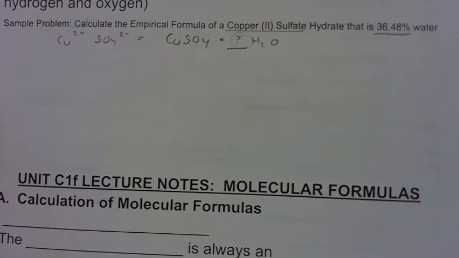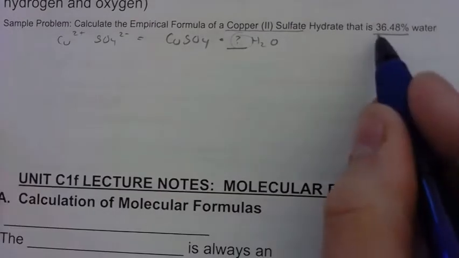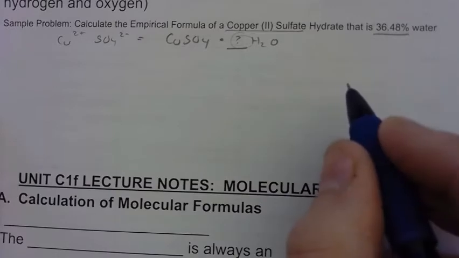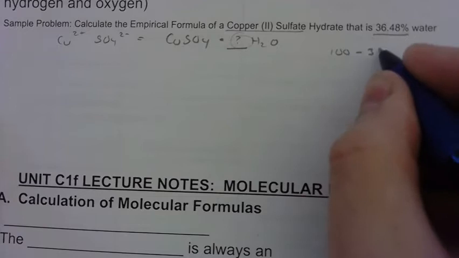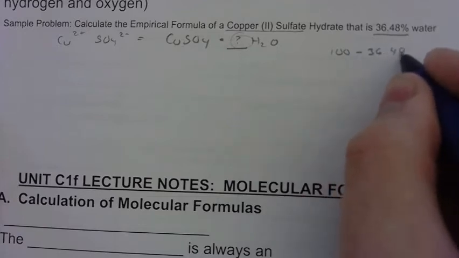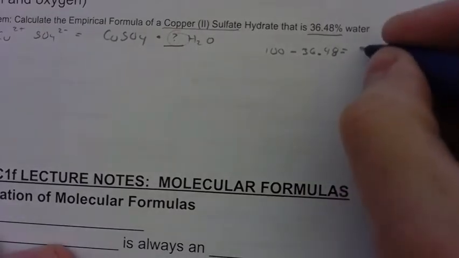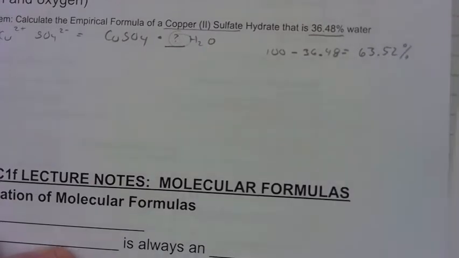The way we go about doing that is realizing, well, if we have 36.48% water, that means the rest of it is copper 2 sulfate. So we simply take 100 minus 36.48, and we find out the percentage that is copper 2 sulfate, and that's 63.52%.